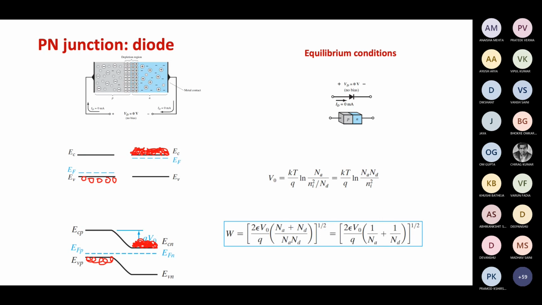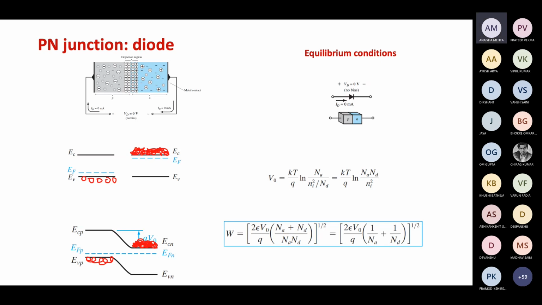So in order for this hole to go to this side, an electron must come to this side, which means that the electron should gain energy. Generally holes flow in the upward direction and electrons flow in the downward direction in the band diagram. The band diagram is drawn with respect to the electrons. So it might seem that holes are losing energy, but actually it is electrons gaining energy, and that is not easy.